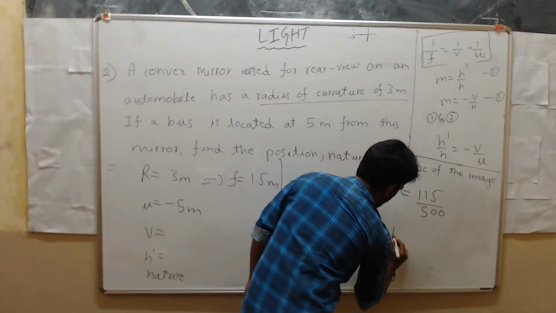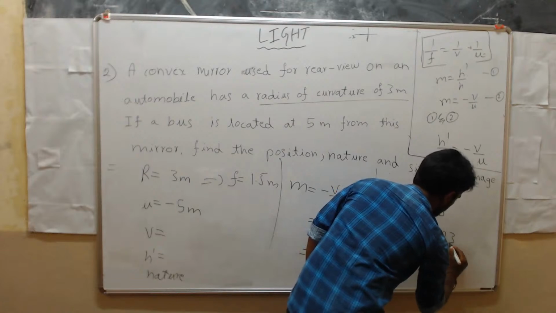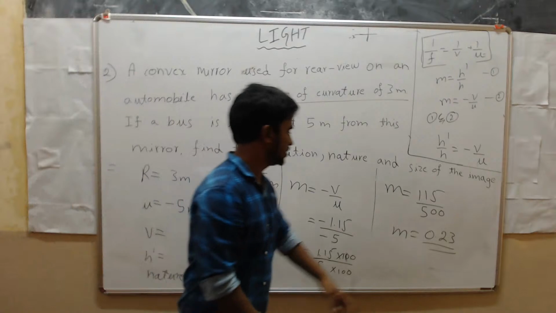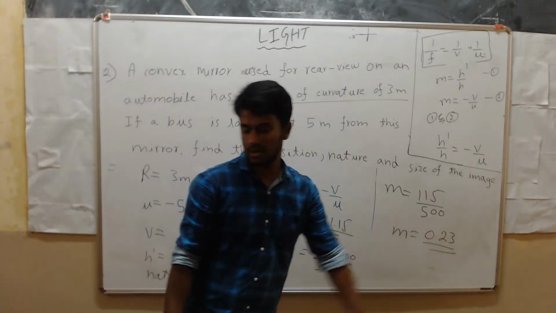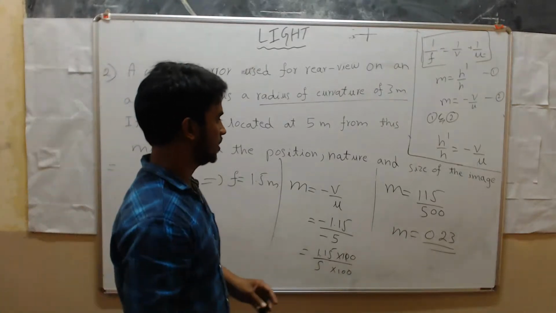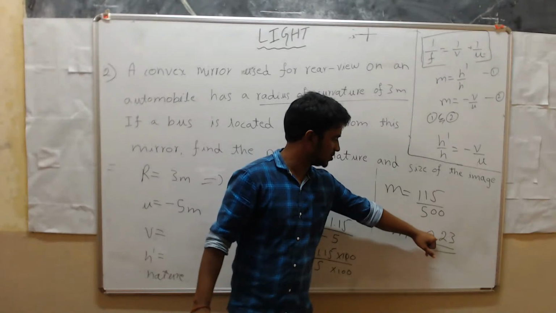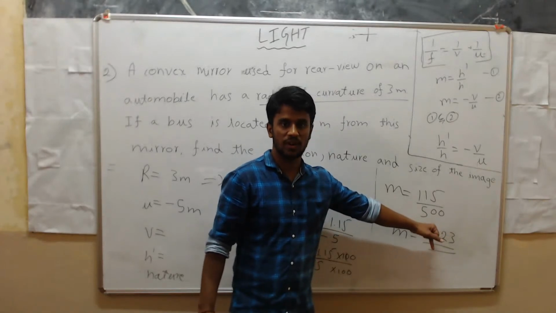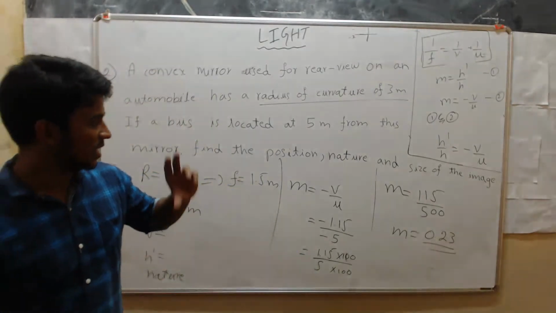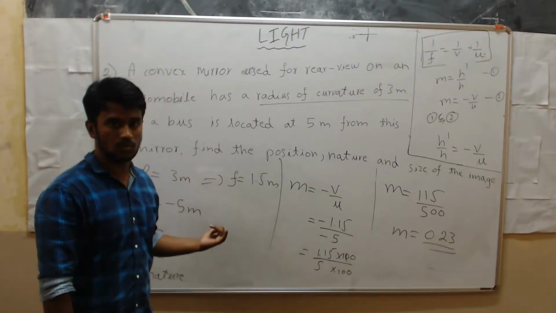So directly m is equal to 0.23. So now the magnification is m equal to 0.23, which means the image is 0.23 times magnified, which means the height of the image is less than the height of the object.